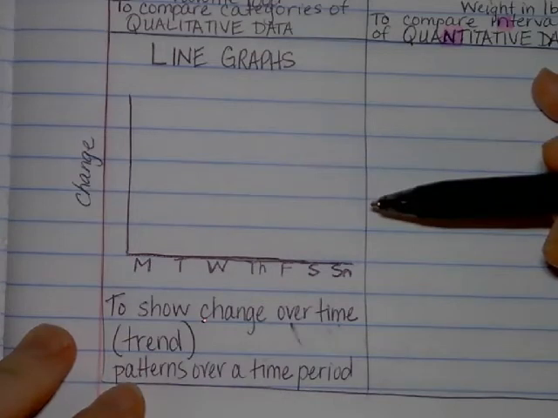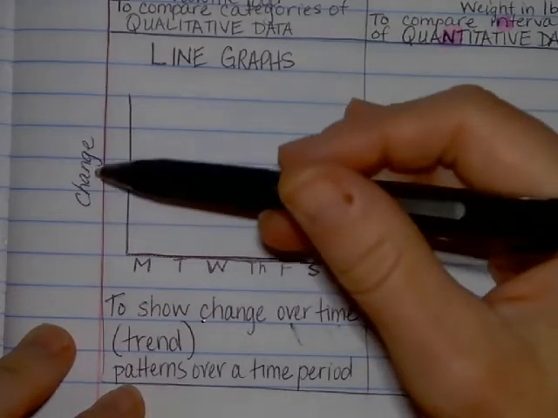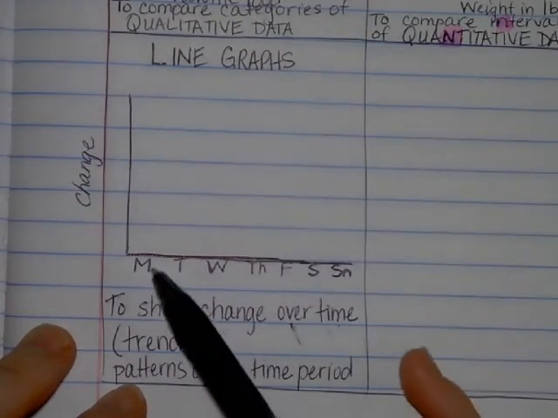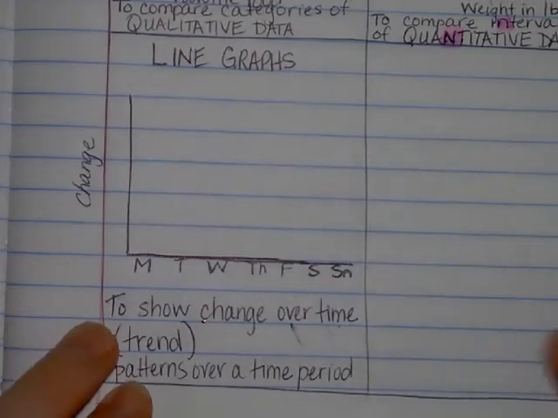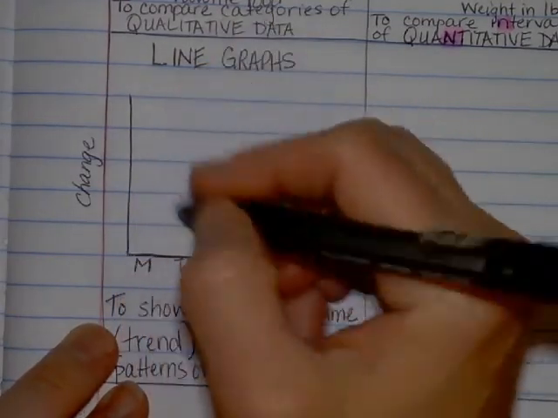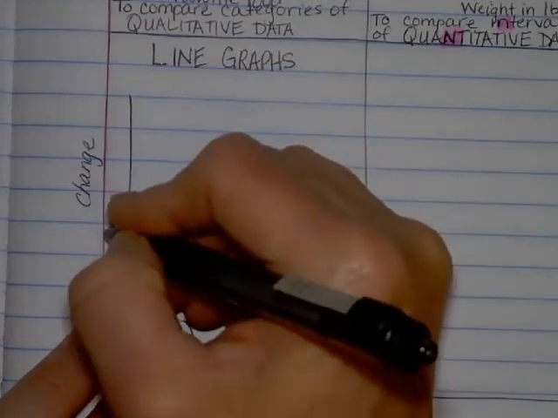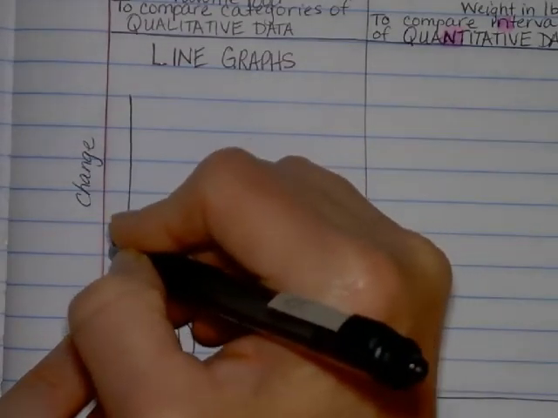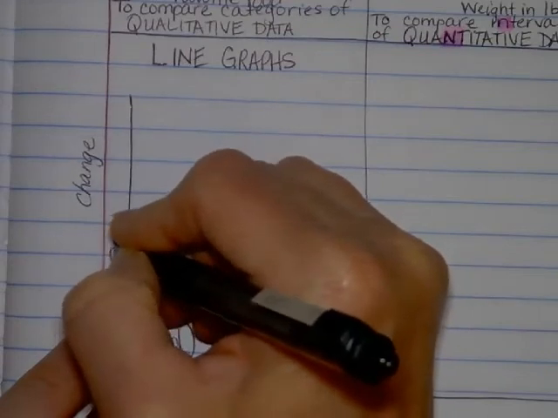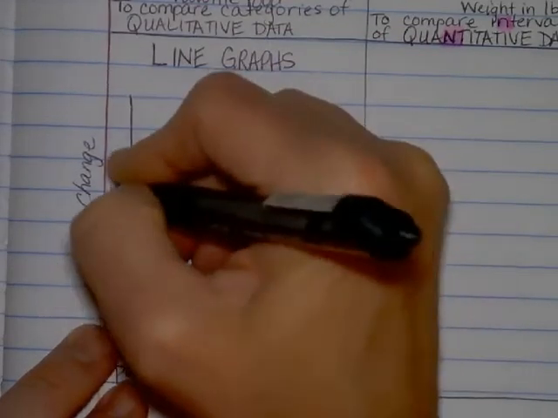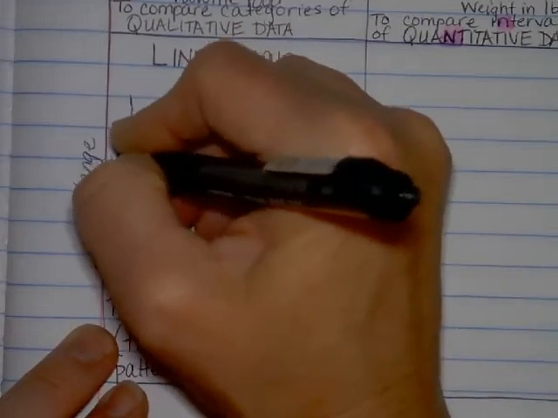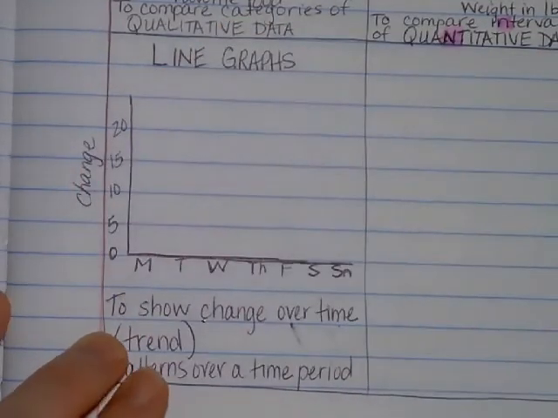So let's just imagine that we started working out, and we were trying to see how many push-ups we could do over a week. We would want to see how that would change over the course of a week. So I'm just going to randomly, in a line graph, basically, you just have your intervals here. So I'm going to say maybe I was able to do 0, and then I'll go by 5s, although that would probably be generous. I don't think I could do very many.